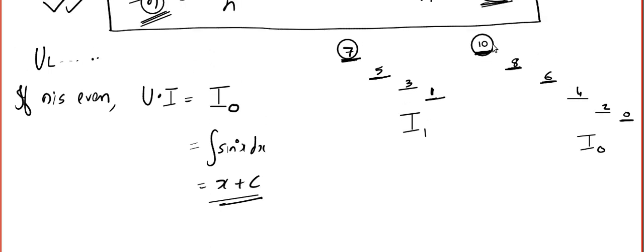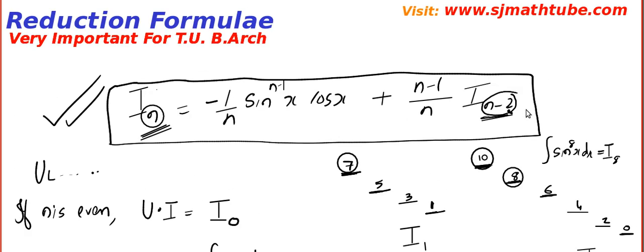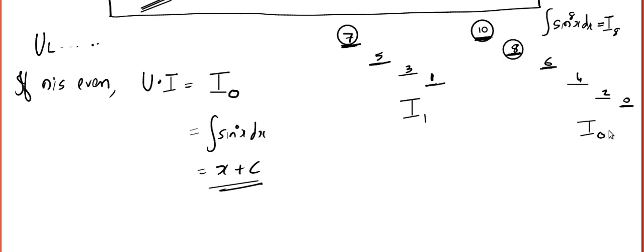If you start with any even number, that means if you are trying to find integral sine to the power 8x dx, you are basically finding I8. I8 will be reduced to I6. And then you will again use the formula and find I6. I6 will move on to 4, and 4 will move on to 2, and 2 will move on to 0.